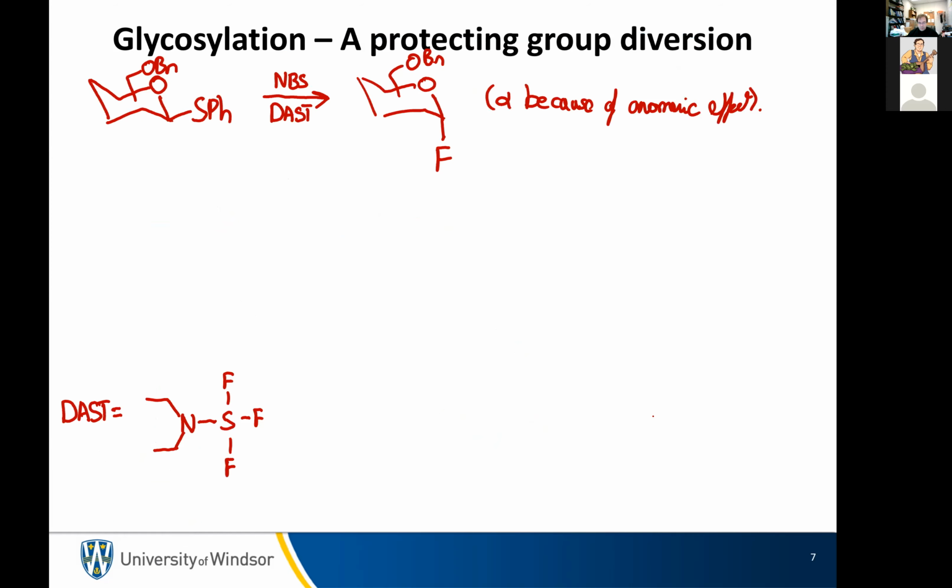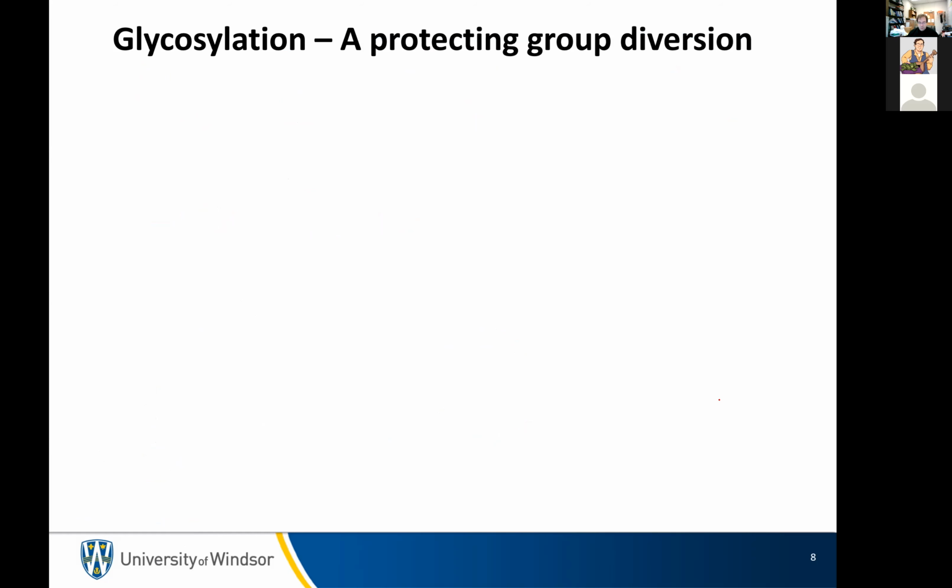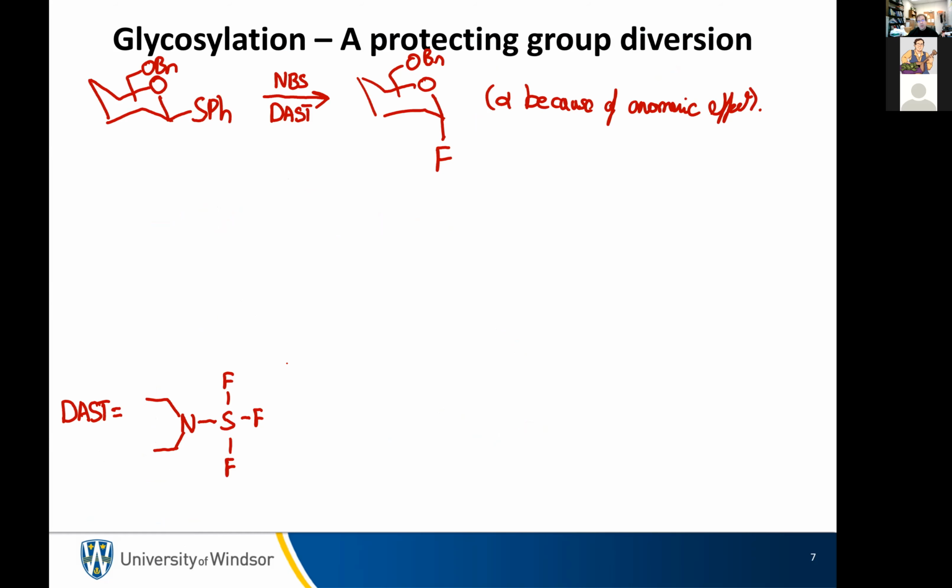And so it's a good source of an equivalent kind of agent. So we have a few different options on how we can activate it. We've got a few different options on how we can treat it to convert it to something else that we can use. But if we want to do some chemistry, what we really want to do is convert it in the presence of a nucleophile.